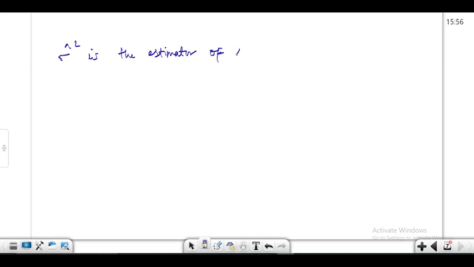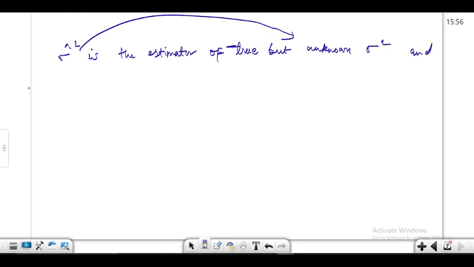We are just trying to estimate it, and n minus 2 is your degree of freedom.